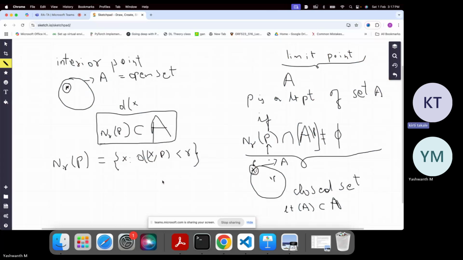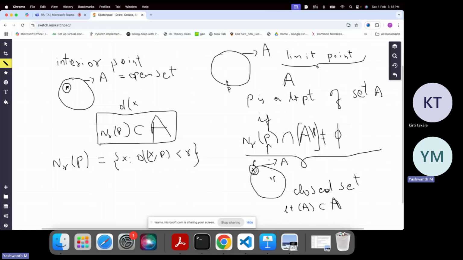Sir, limit point, can you explain once again? Yeah. Let's say we call this set A. Now the question is, let's say I pick a point P on the boundary. We want to say if this point P is a limit point or not.